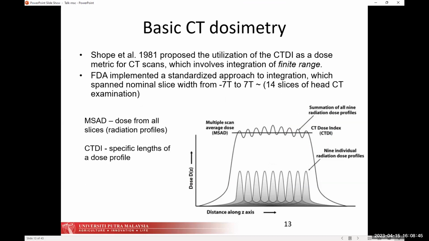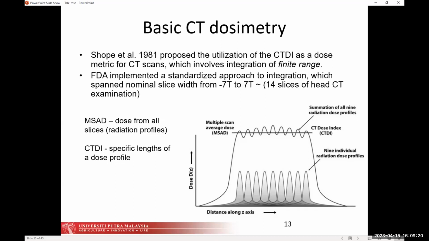Following that, the FDA of the United States implemented a different approach to this CTDI, where the integration involved the nominal slice width from -7T to +7T, which is 14 slices of dose profile. They integrate all those 14 slices to get the CTDI value.